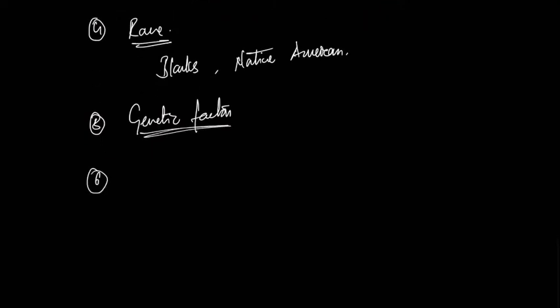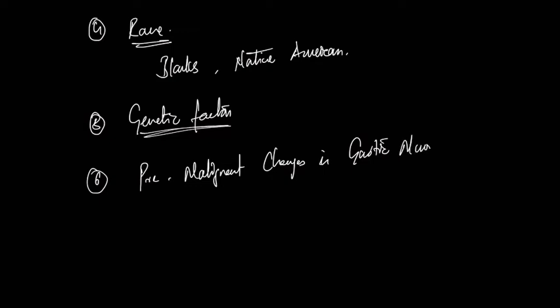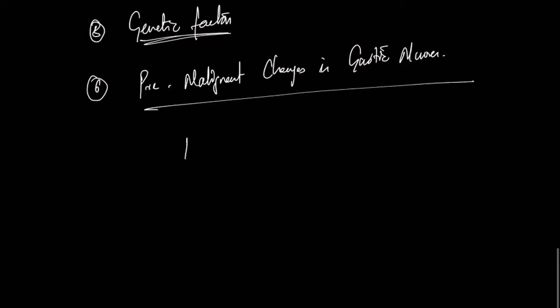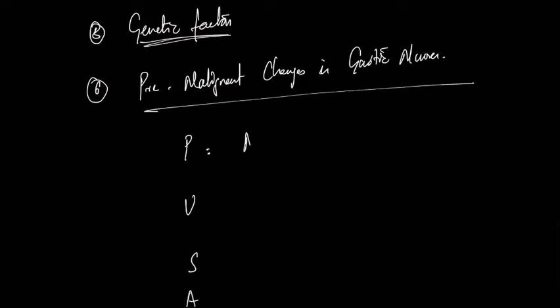The last etiological factor we'll be discussing are certain pre-malignant changes that are seen in the gastric mucosa, which lead to gastric carcinoma. So let's see what are these pre-malignant changes. All right. So there's a mnemonic for this, that is your PUSA. P stands for your adenomatous polyps of your stomach.